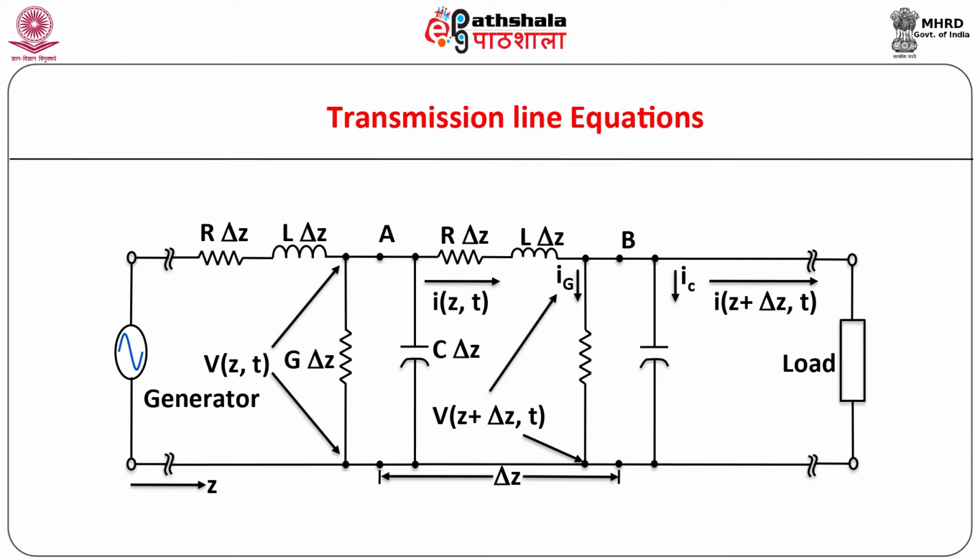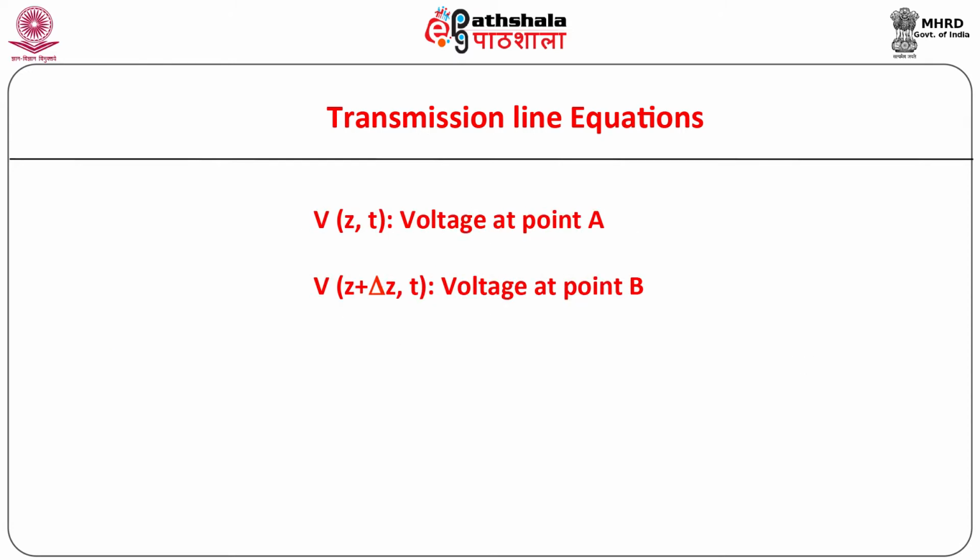For deriving the transmission line equations, we will apply Kirchhoff's voltage law to the central closed loop and Kirchhoff's current law to the node B on the transmission line. Let us apply Kirchhoff's voltage law to the central closed loop containing the segment AB of the line. Consider 2 points A and B at distances Z and Z plus delta Z along the line.